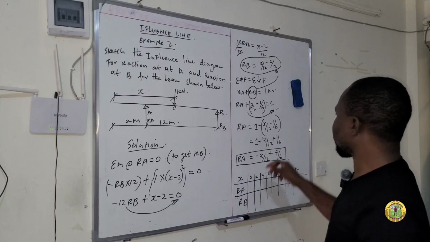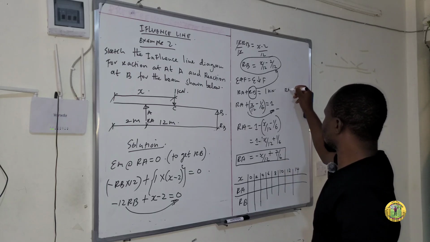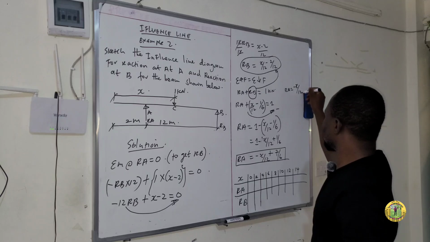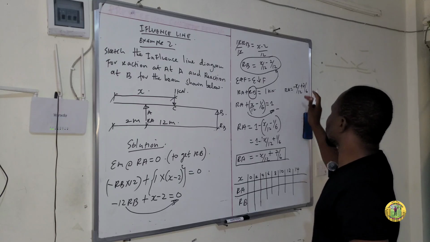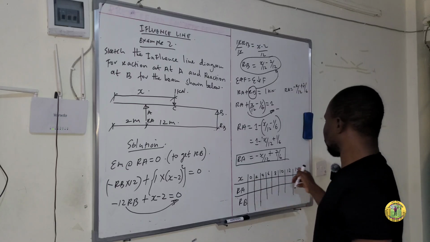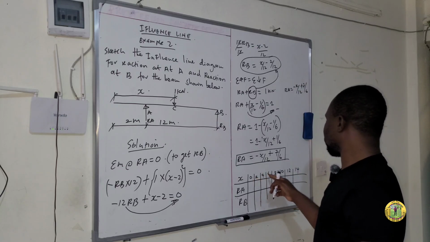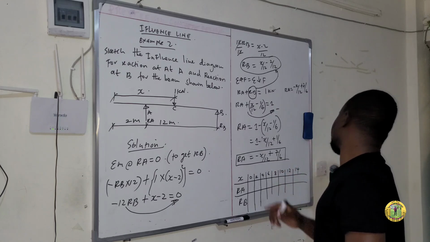And then we'll come to RA. As you can see, RA is equal to minus x over 12 plus 7 over 6. So we will be substituting x with these values 0, 2, 4, 6, 8, 10, 12, 14.